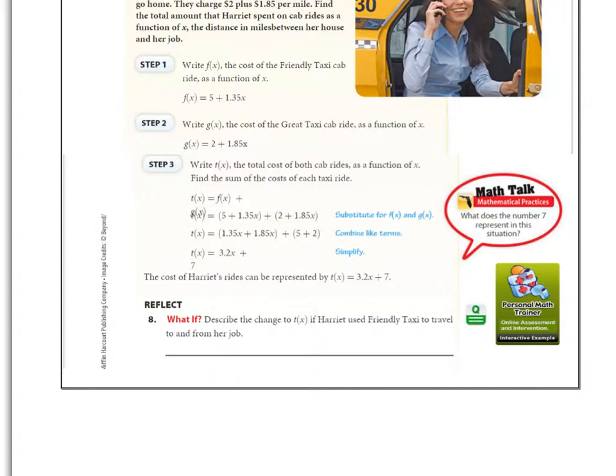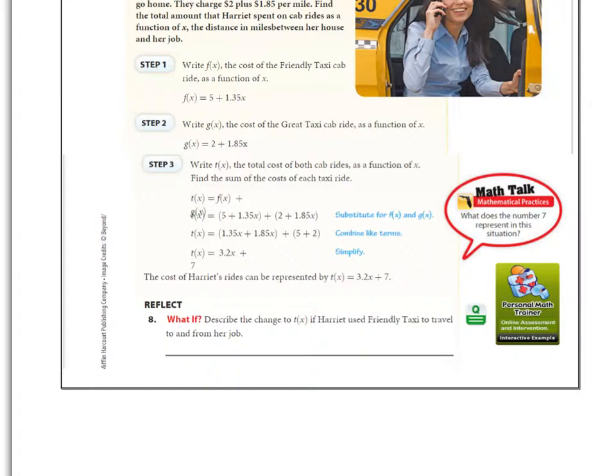So we combine our like terms. They're putting the x's together and then the constants, or the numbers, together. 1.35 and 1.85 ends up being 3.2x. And then 5 plus 2, we should all know, is of course 7. So the total for her ride to work and her ride from work is 3.2x plus 7.